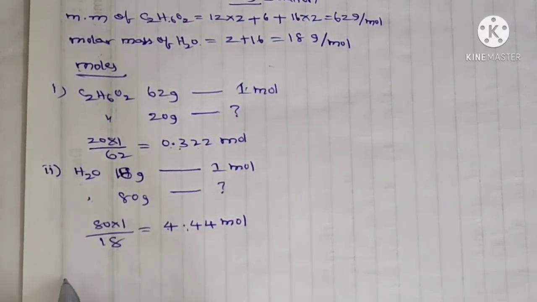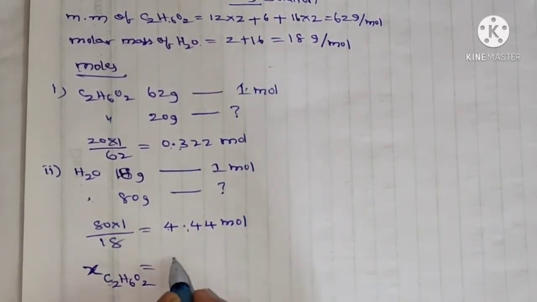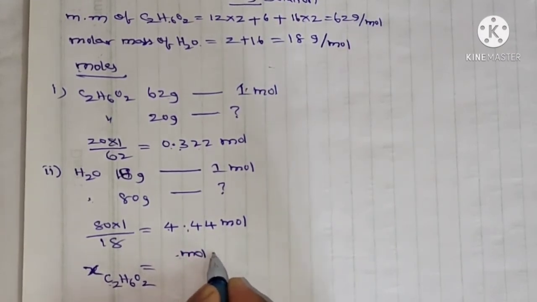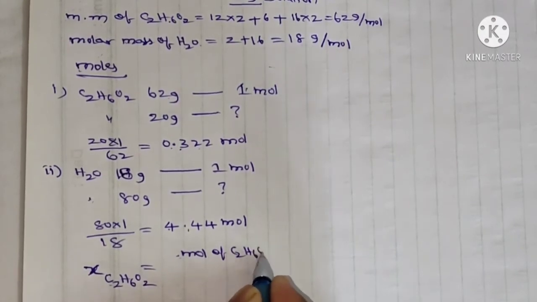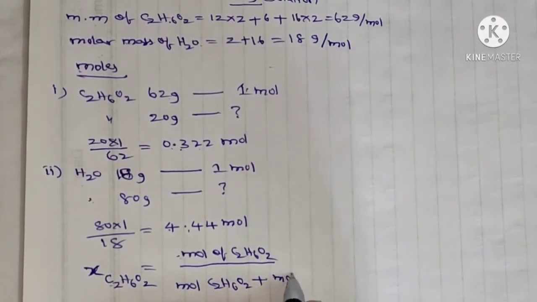Next, come to mole fraction X. The mole fraction of ethylene glycol, XC2H6O2, is equal to moles of C2H6O2 divided by total moles. Total means moles of C2H6O2 plus moles of water H2O.